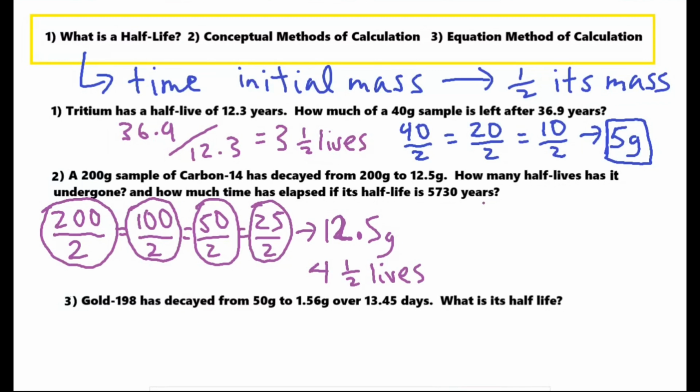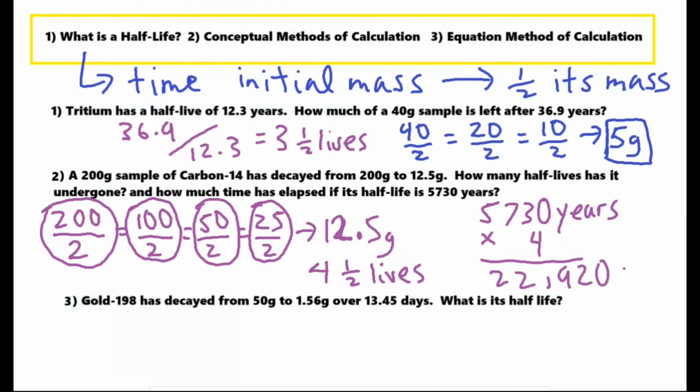So we know that each half-life is 5,730 years, and now we know that 4 of those occurred to get that 200 grams of decay down to 12 and a half. So we have to just multiply this by 4, and that gives us 22,920 years. So that is our final answer for the second part.